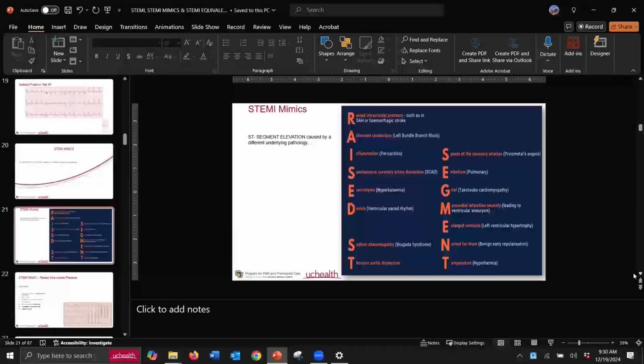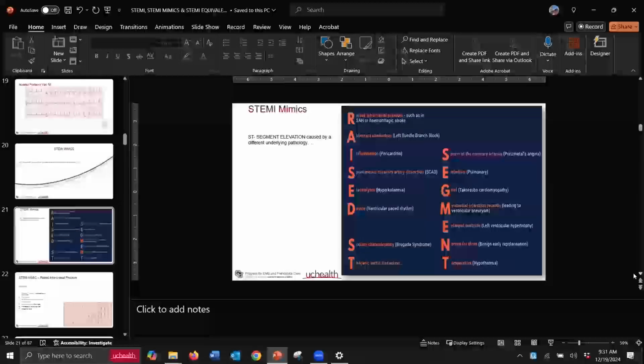Again, there's a mnemonic, right? STEMI mimics, raised ST segment. I don't know who thought these up, but they were good. Raised intracranial pressure, aberrant conduction, again, left bundle branch block, and left bundles just really screw things up. Inflammation, being pericarditis, spontaneous coronary artery dissection. Well, that doesn't sound very good, right?